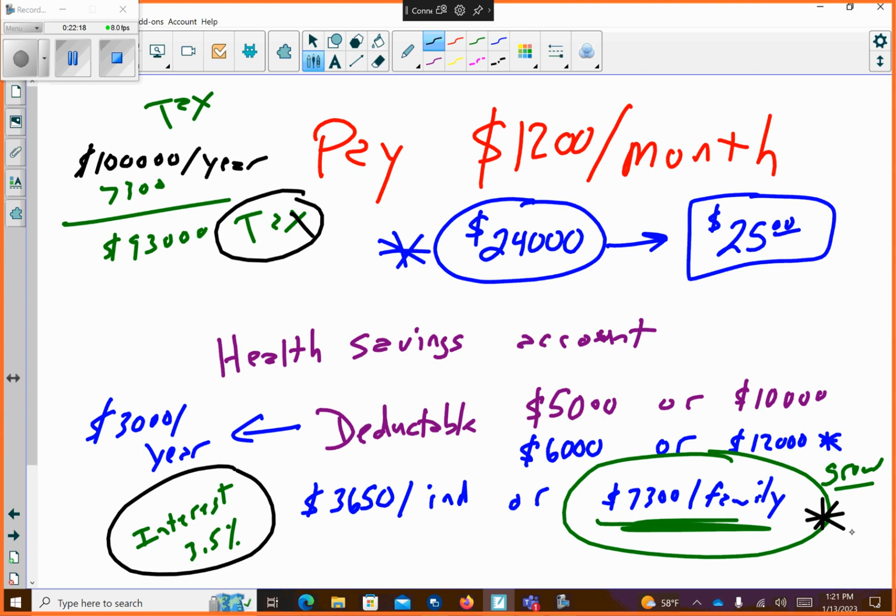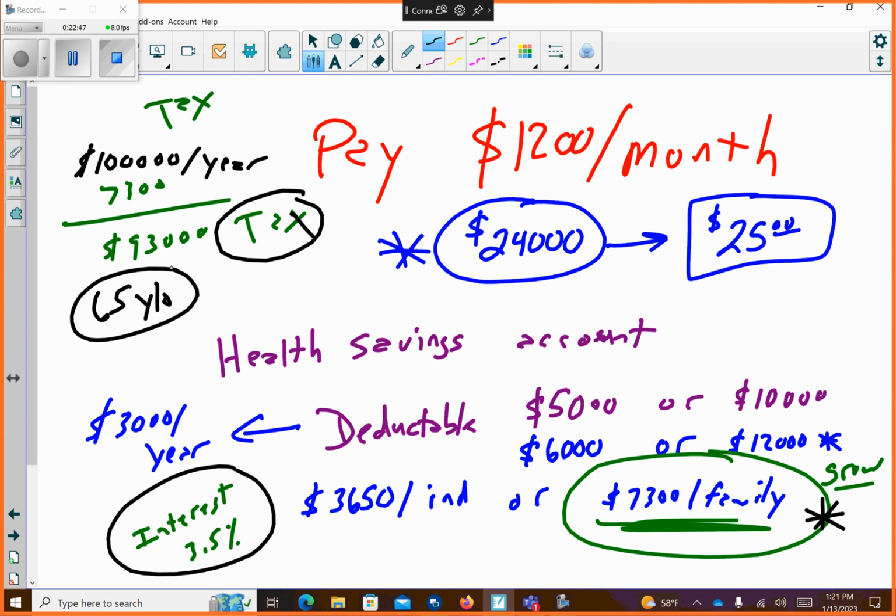So now I've shown you an account that is double protected from taxes. Now, a question that came up was, I can only spend this on medical expenses. Well, when I get to the age of 65 years old, whatever I put in my health savings account can go to buy anything.